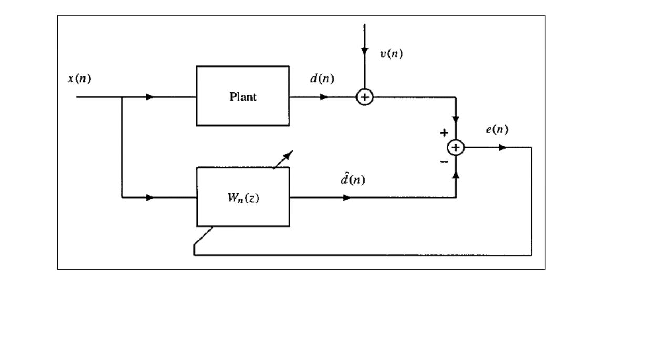So here we are going to consider the problem of interference cancellation, where the signal d of n is observed in the presence of the interference signal V of n. So x of n will be d of n added to V of n. Now, as we know, d of n is unknown to us.